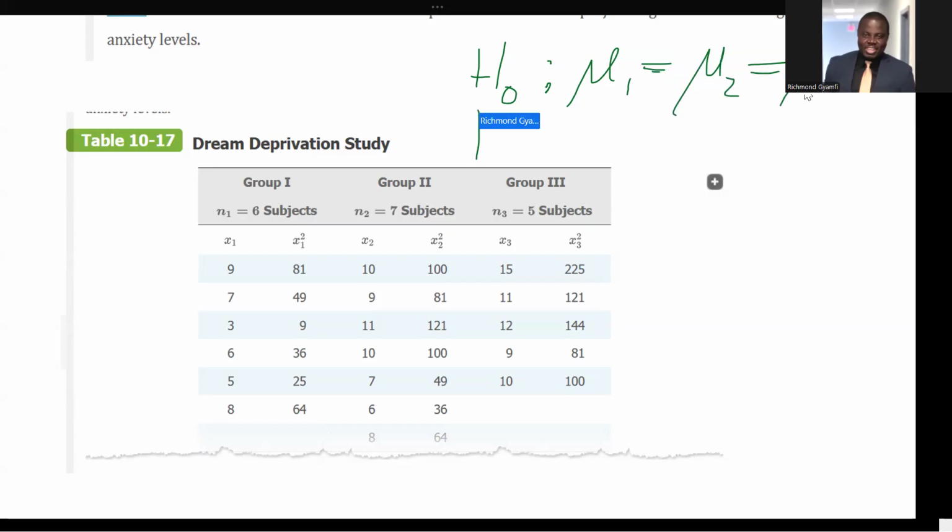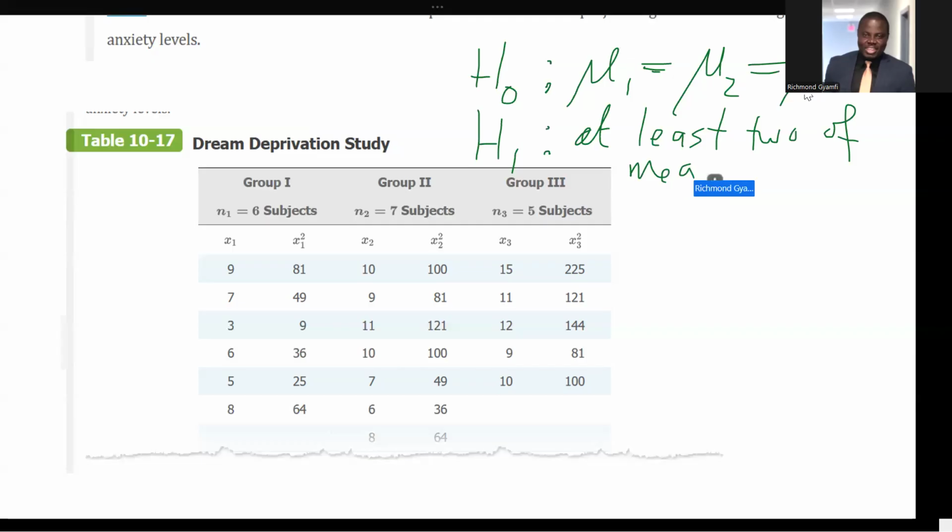And then our HA or H1, at least 2 of the means are not equal. Or at least one of the means is different. Remember, we talked about this as well. So that is going to be our hypothesis.